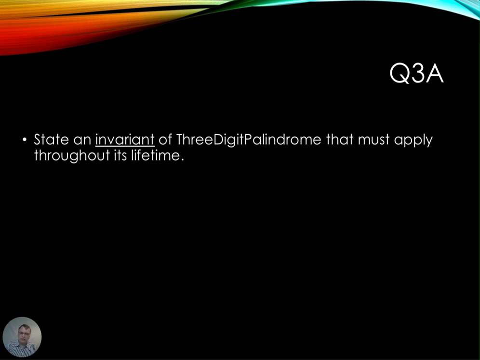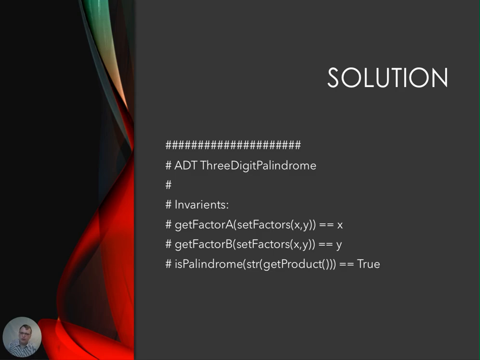Okay, I'll now discuss the solution with you. So what are the invariants that are required? The main invariants to be described relate to the way the functions work. So any value that is stored here, which is the product of the two numbers in the palindrome, in the three-digit palindrome ADT, must be a palindrome.